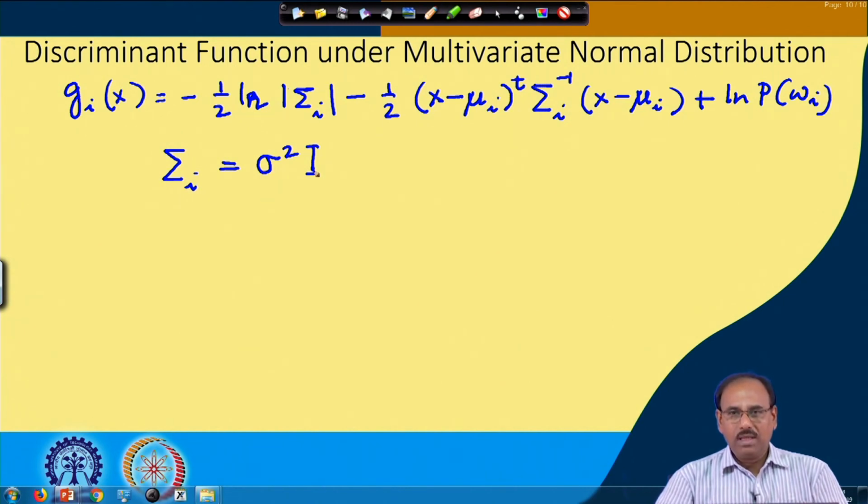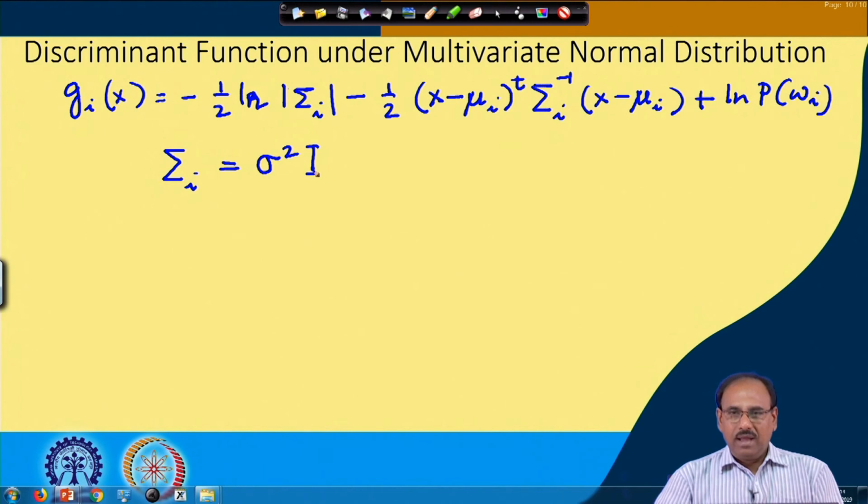So, what I am assuming here is that for all the classes, the components of the feature vectors are statistically independent. That means, if I try to compute the covariance involving the ith component and jth component, because they are statistically independent, that will be equal to 0, which leads to the covariance matrix being a diagonal matrix, where only the diagonal elements are non-zero and all the off diagonal elements are 0.